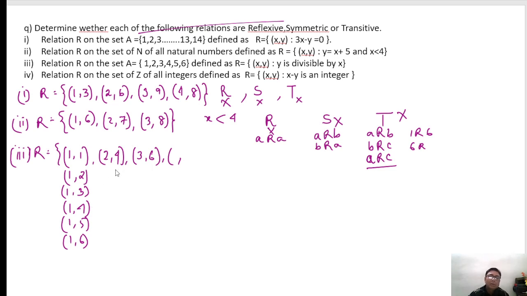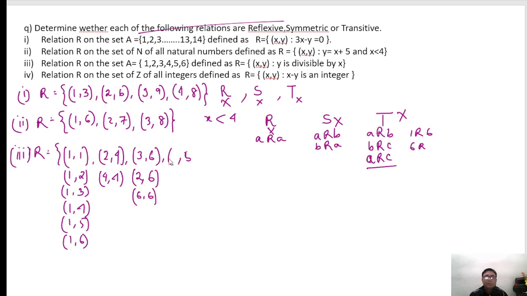Then I can take 4 is divisible by 2. Then 4 is divisible by 4. Then 6 is divisible by 3, 6 is divisible by 2, 6 is divisible by 3 by 6. I can take 5 is divisible by 1. This I cannot take. 6 is divisible by 2, yes.